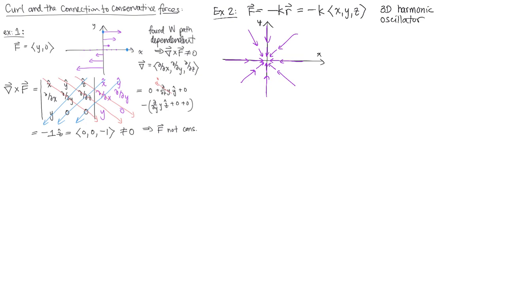And here we want to show that the curl of this force is in fact 0. That coupled with the fact that the force depends only on position tells us that this force F is conservative.